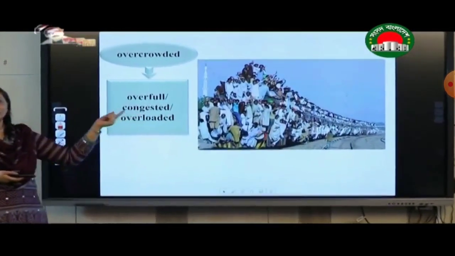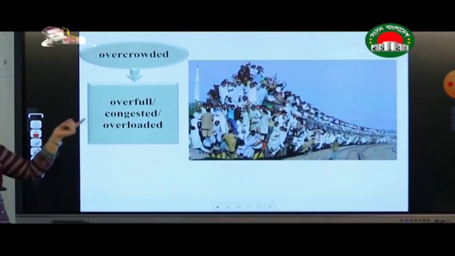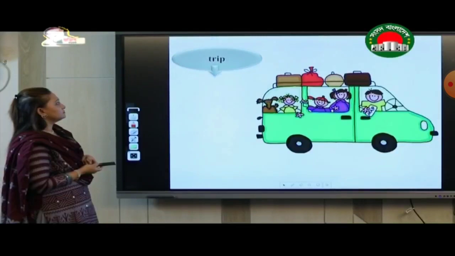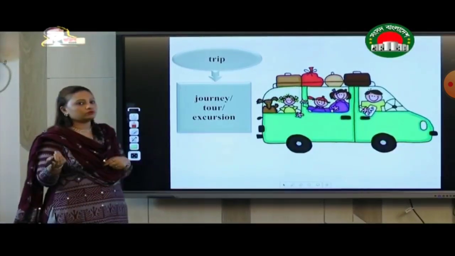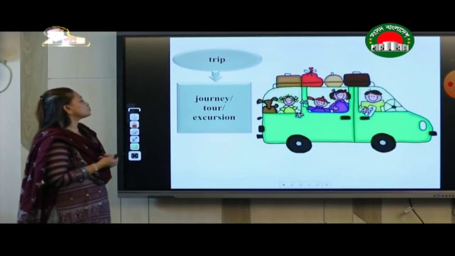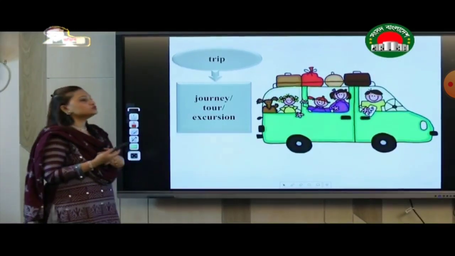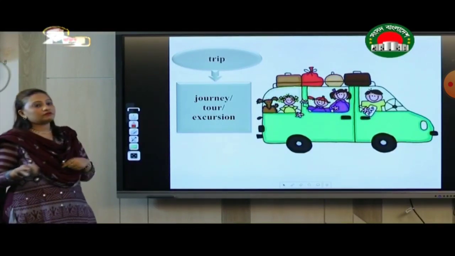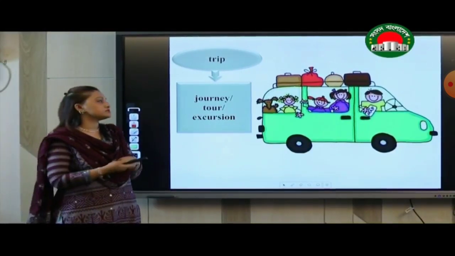This is the condition of rail in Bangladesh. I think all of you know this word and are very familiar with it: trip, means journey or excursion. These are the hard words from lesson 1.